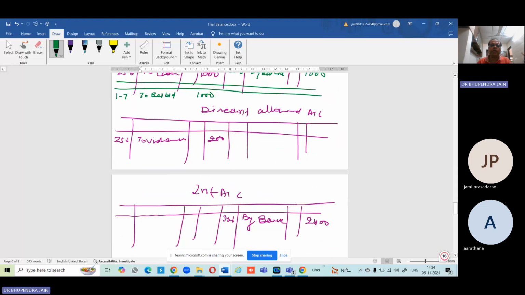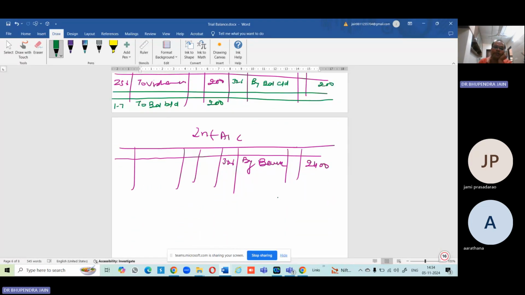Now close all the remaining accounts. This is 30th June, by balance c/d only 200. Then close the account, make the total, and on 1st of July, to balance b/d 200.